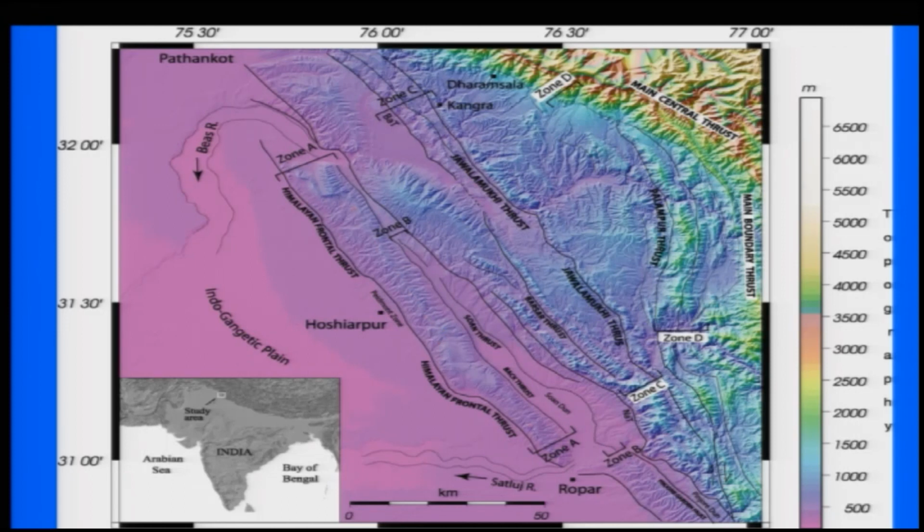Okay. So this is the top ridge line and the slope is in the opposite direction. So these drainages are flowing like that, and the streams are flowing from here in this direction into the Indo-Gangetic plain, and these are the major streams.